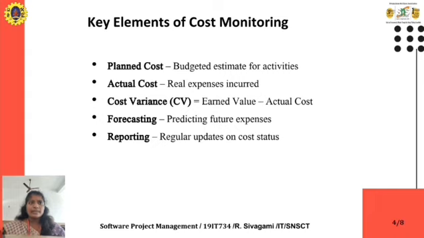Forecasting means predicting the future expenses, how much we need for the balance of the project. And then reporting, the regular updating of cost status of our project.